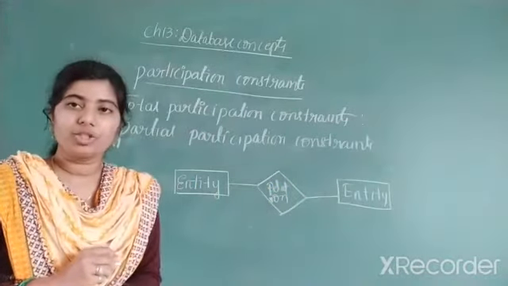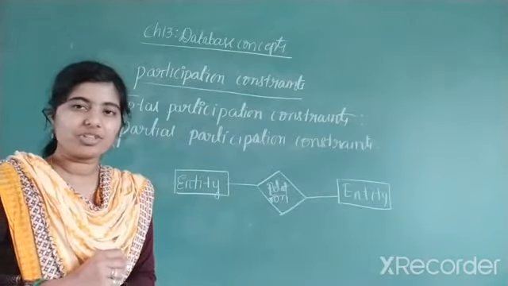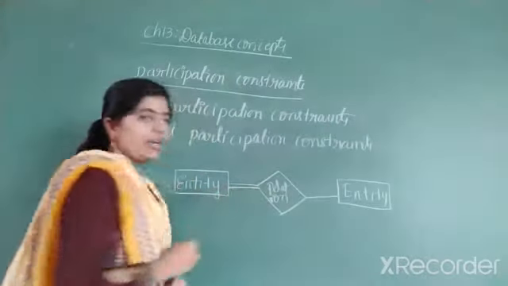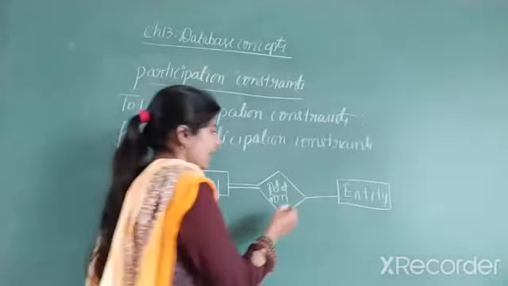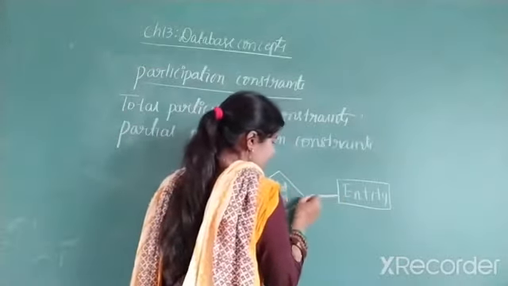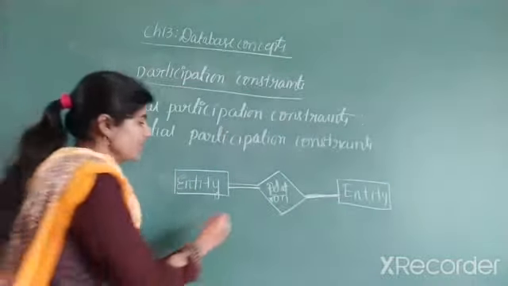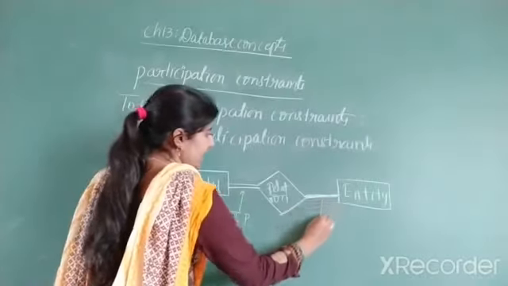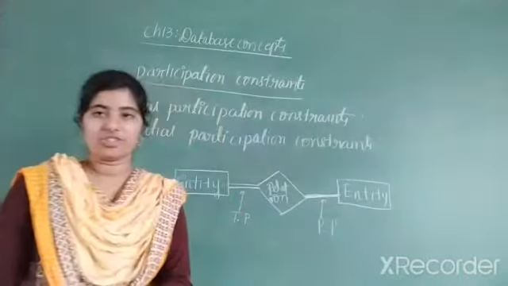The total participation constraint is represented by using double lines, and the partial participation constraint is represented by using a single line. So this represents the total participation constraint, and this represents the partial participation constraint.